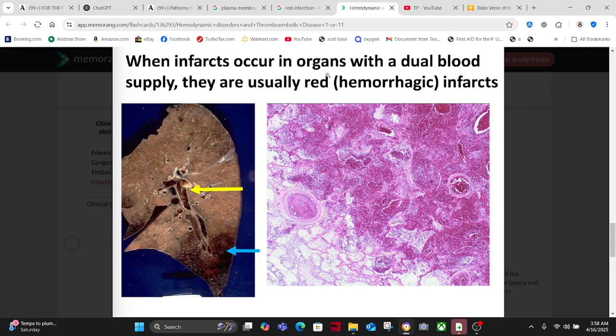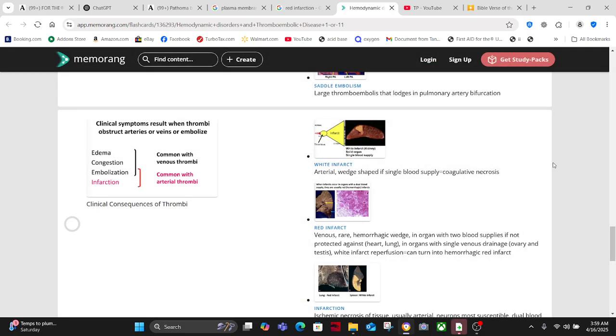When infarcts occur in organs with dual blood supply, like the lungs and the heart, you can get a red infarct.